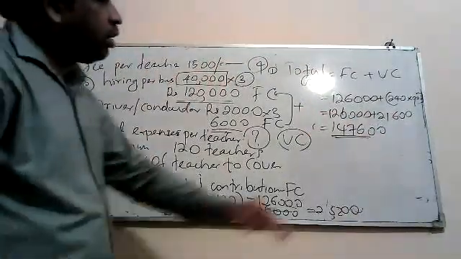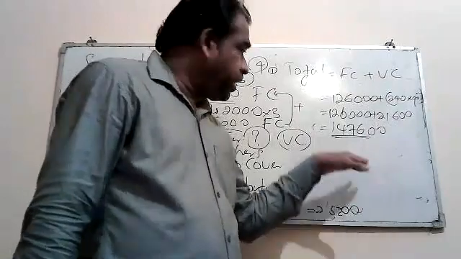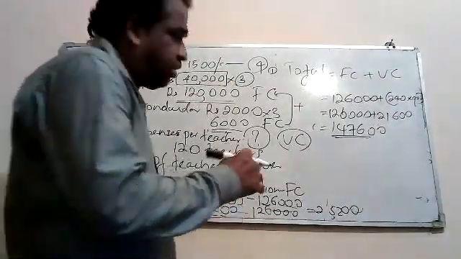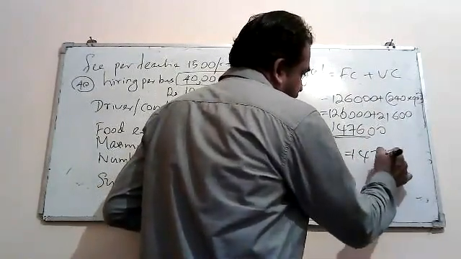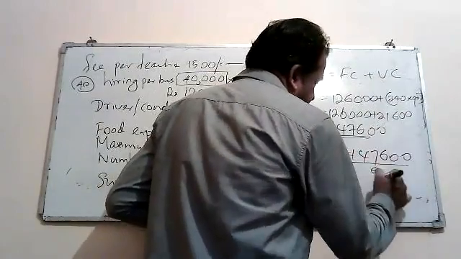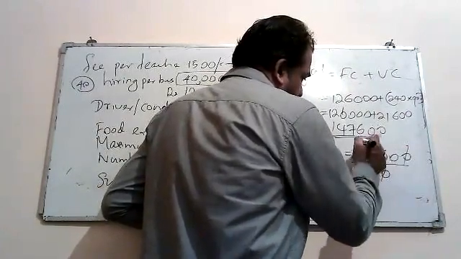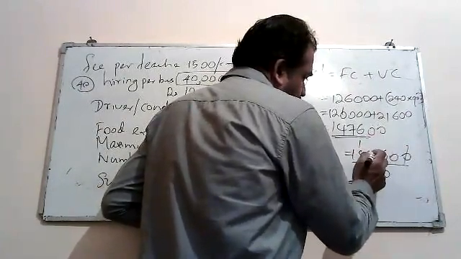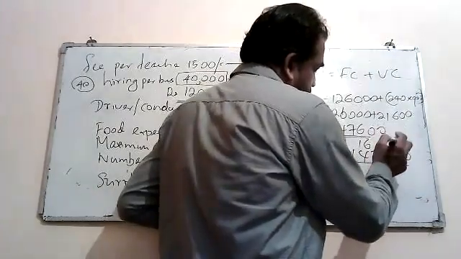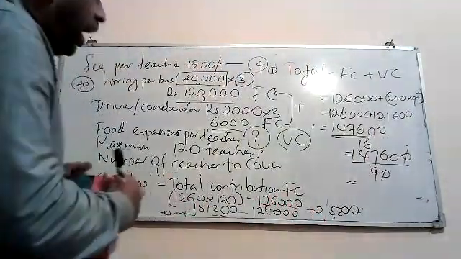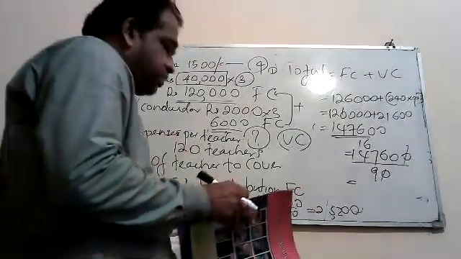As we asked to take only 90 teachers, when you divide this total cost by 90, then you take per teacher cost. Right. Then here 147,600 divided by 90. Then when you divide 147,600, here your total cost will be 147,600.